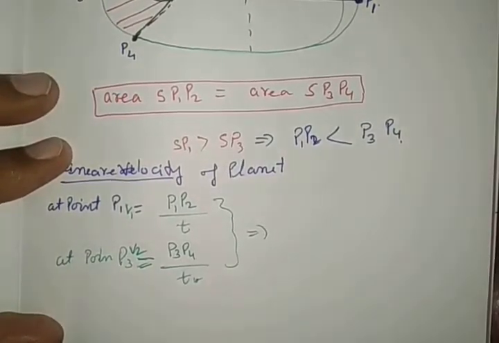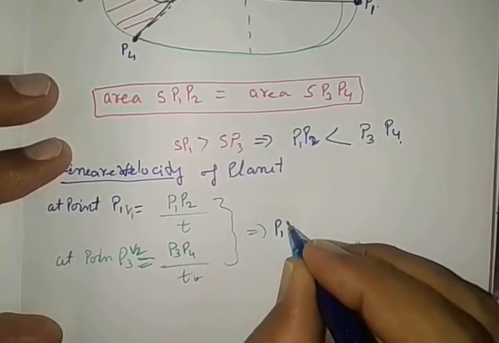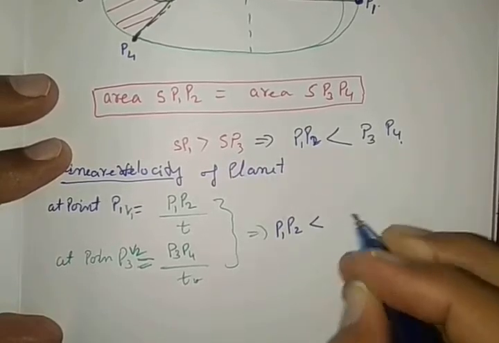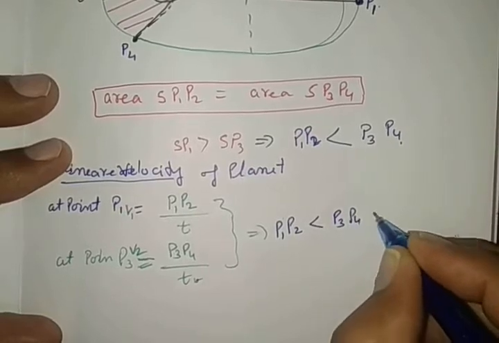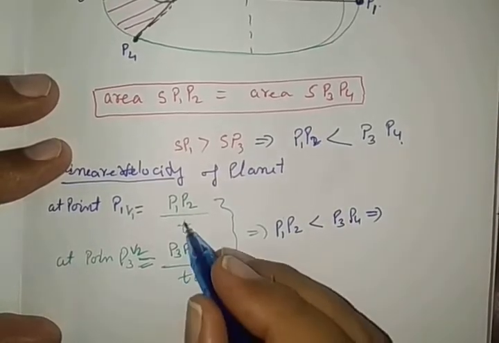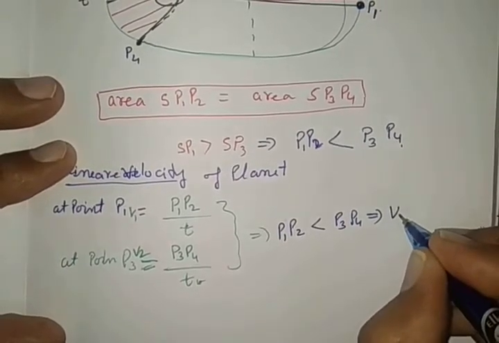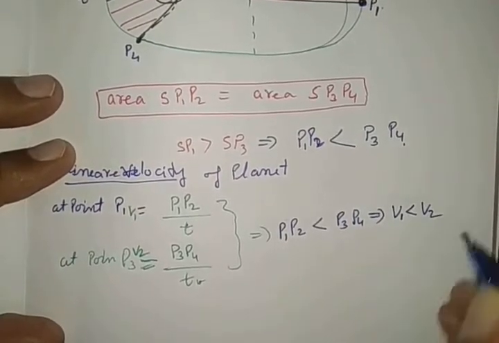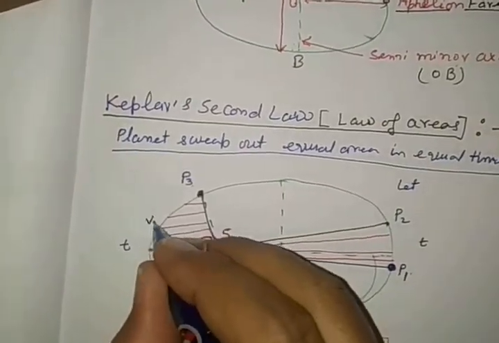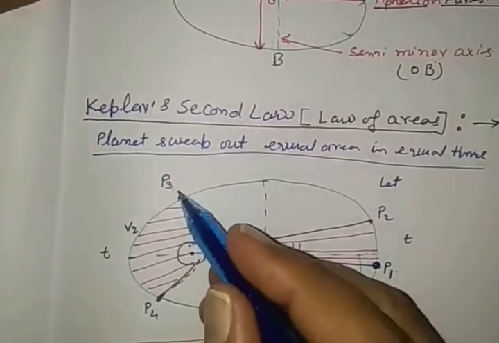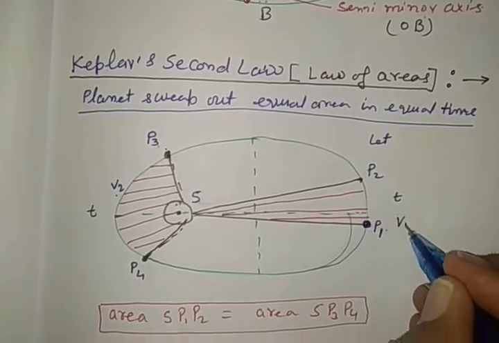This implies that in this case, since P1 P2 is less than P3 P4, and the denominator is the same, V1 is less than V2. See very carefully. The linear velocity of a planet at point P3 is represented by V2 and here at point P1 by V1.